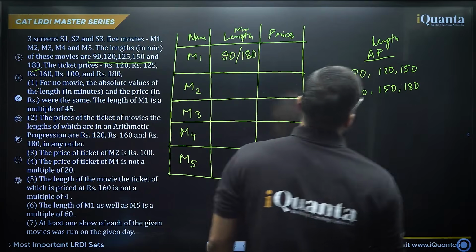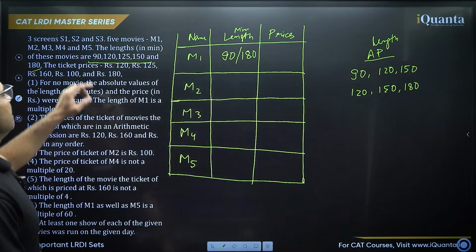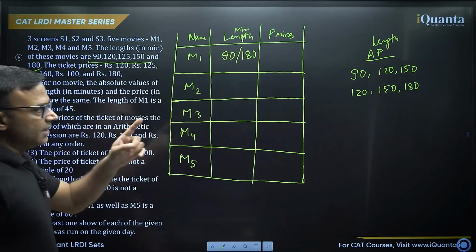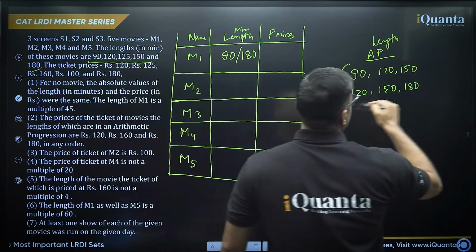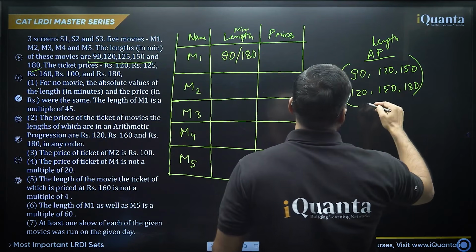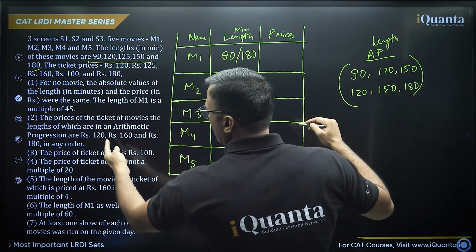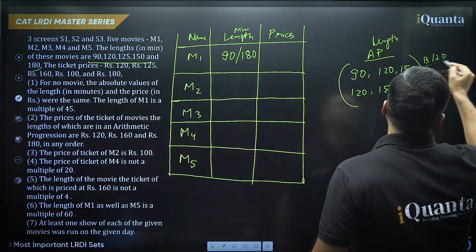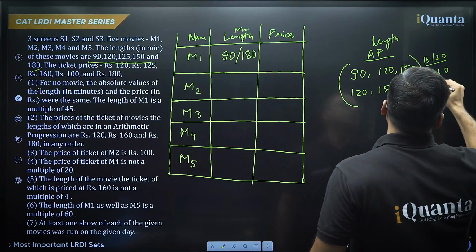Is there any other combination of 3 numbers which are in AP in length? No, I don't see any. And the prices for them is given as 120, 160, 180. So 120 rupees, 160 rupees, 180 rupees.